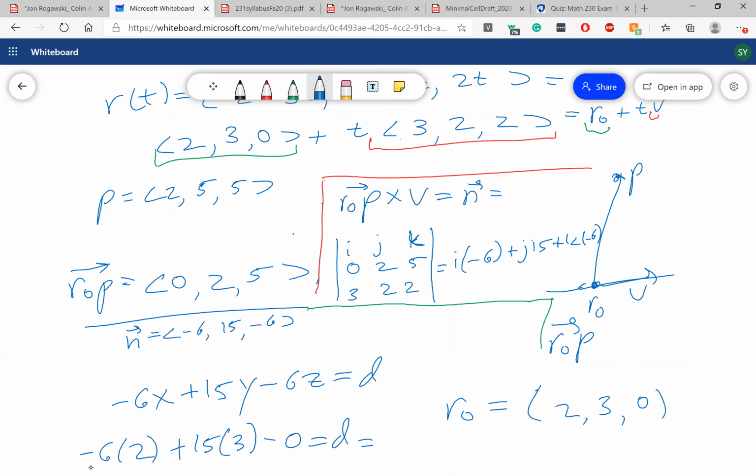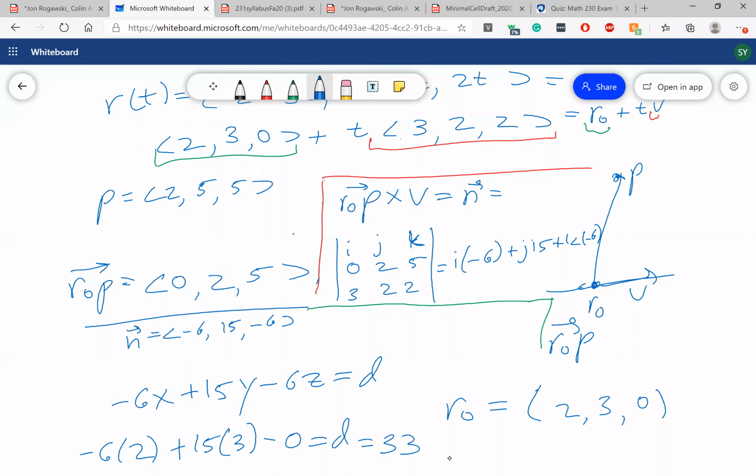So d is going to be equal to 45 minus 12, so 33. Is that right? Yes, 33 is right.